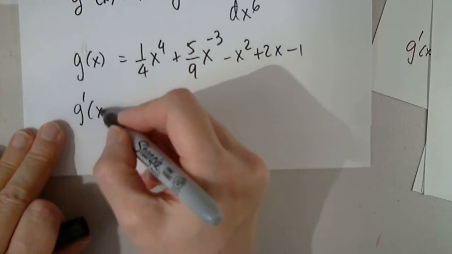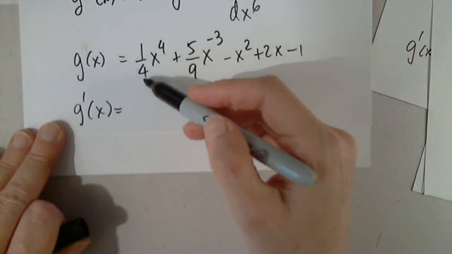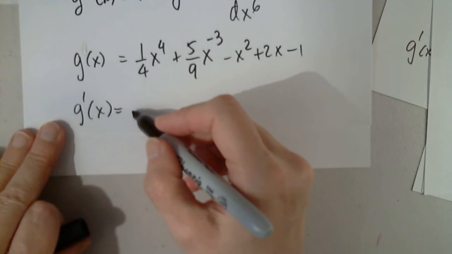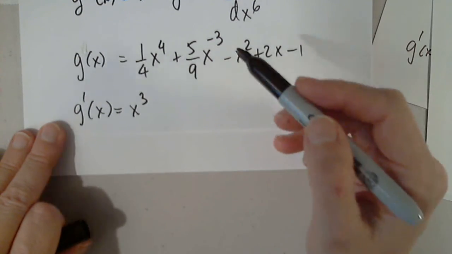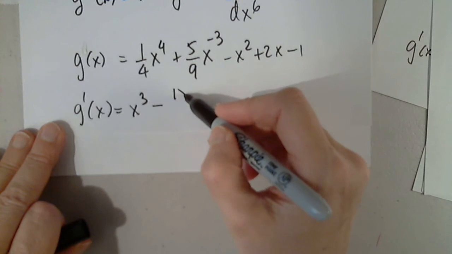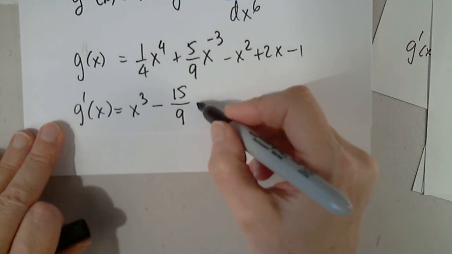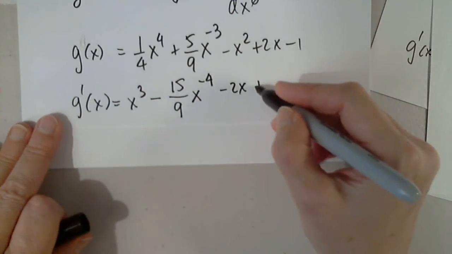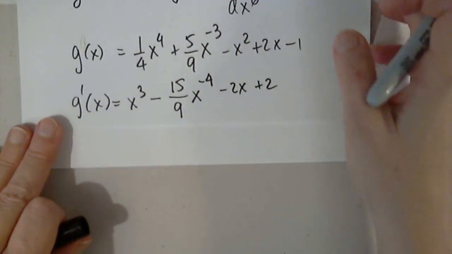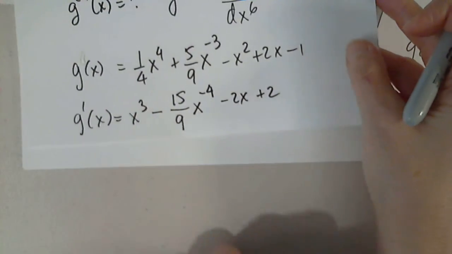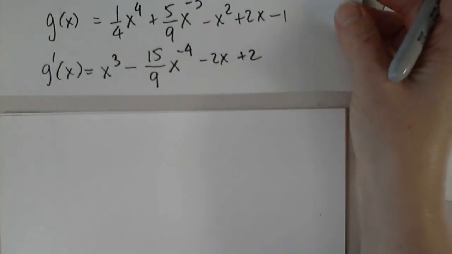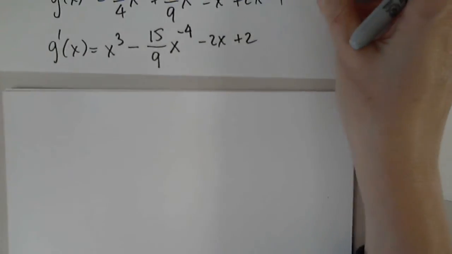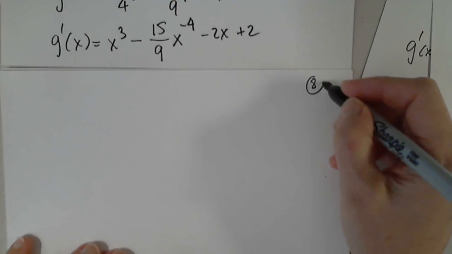So now the first derivative, with 4 in front, this is x to the 3rd. But this one is negative 15 divided by 9, x to negative 4. Of course, minus 2x plus 2. These will disappear eventually. This will stay forever in the problem, at different powers, of course.